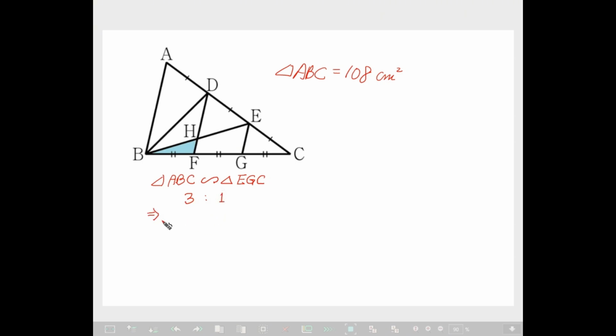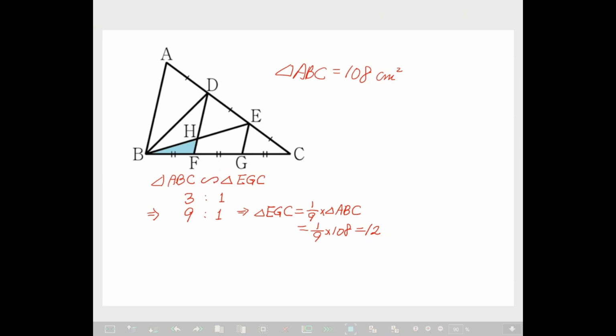Then the ratio of area is 9 to 1. So triangle EGC equals 1 over 9 of triangle ABC, which equals 12.